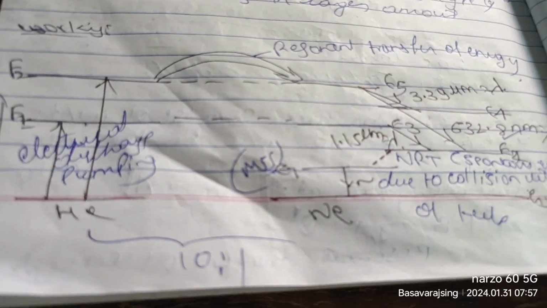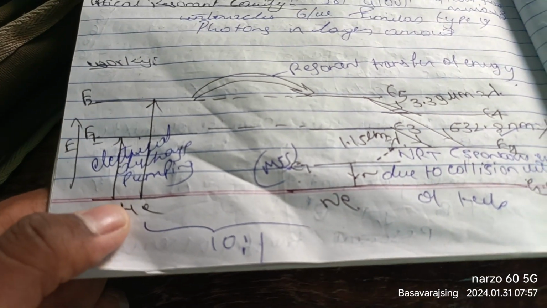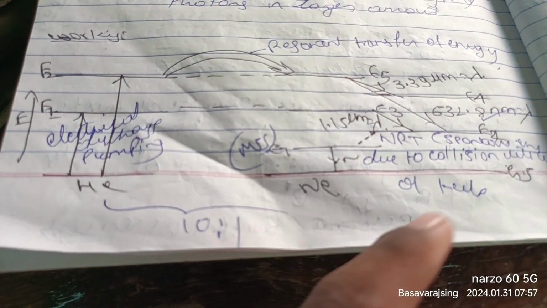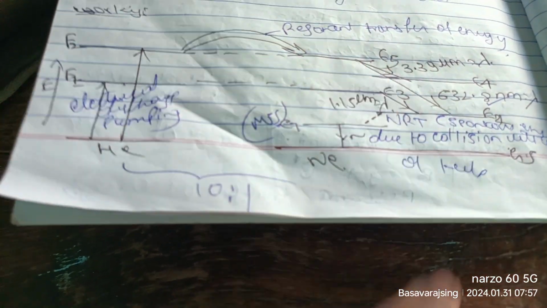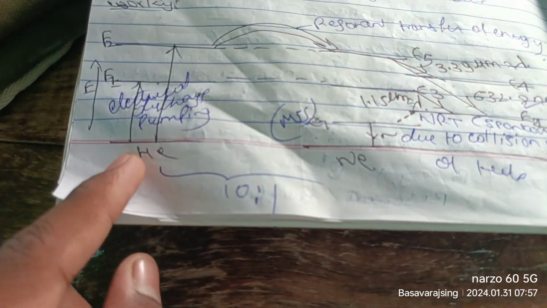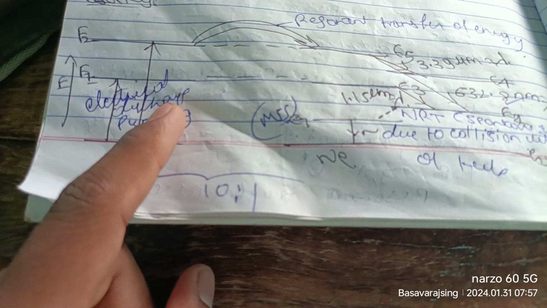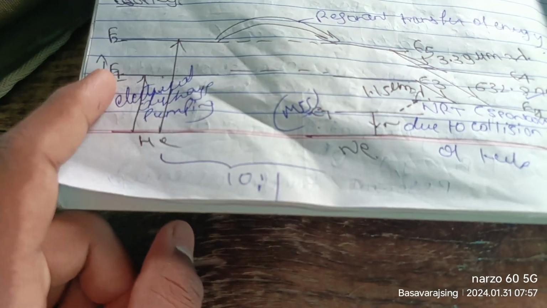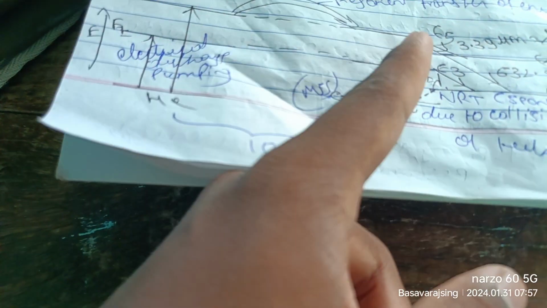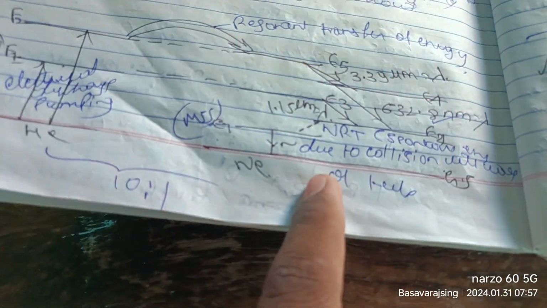Next we come to working. Here the helium excited states are F1 and F2, and the neon excited states are E1, E2, E3, E4, E5. First, helium is excited to F1 and F2 by electrical discharge pumping, and it transfers the energy to the E5 level of the neon atom.